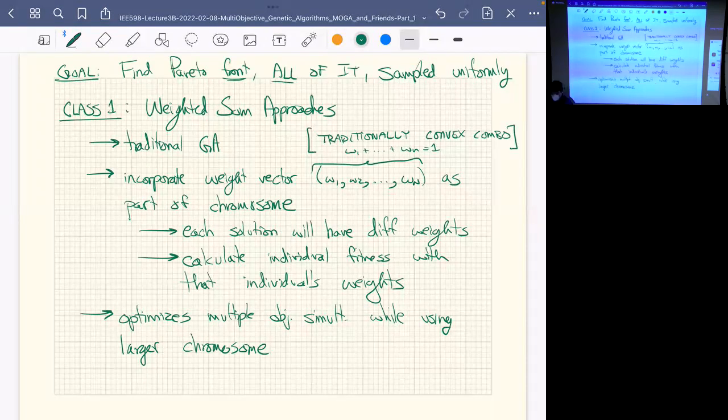Off the top of my head, I don't know if in these weighted sum approaches they always make that requirement, or if they normalize right at the end.